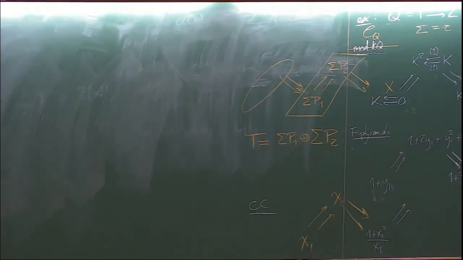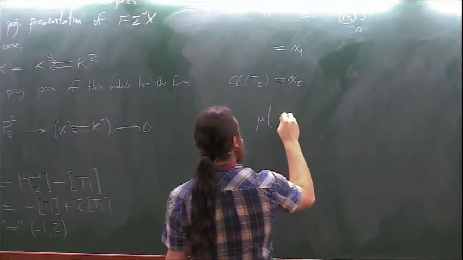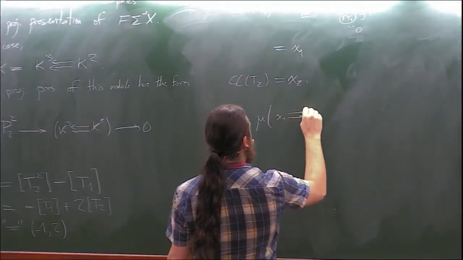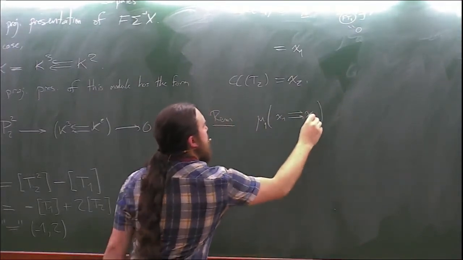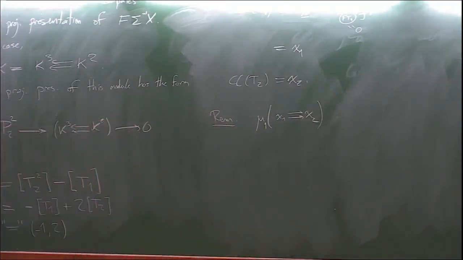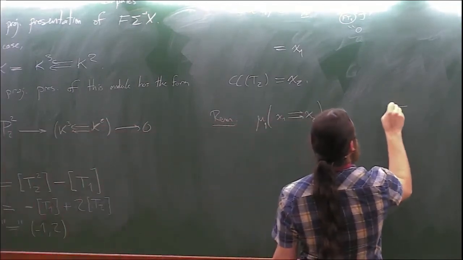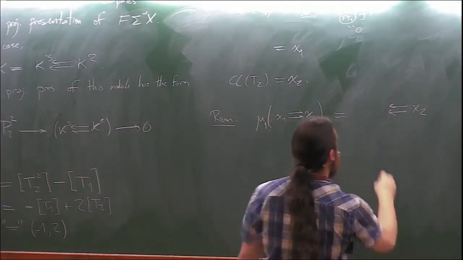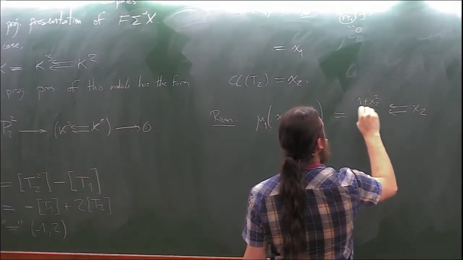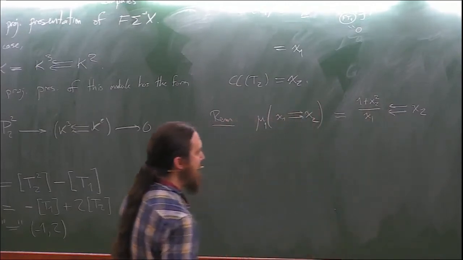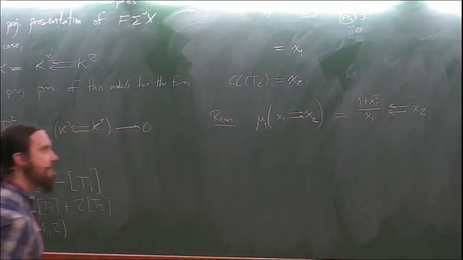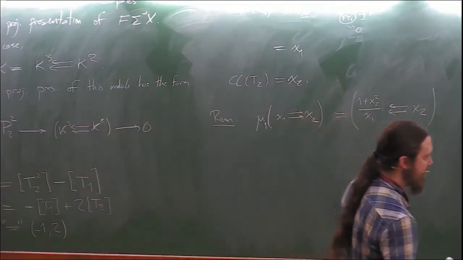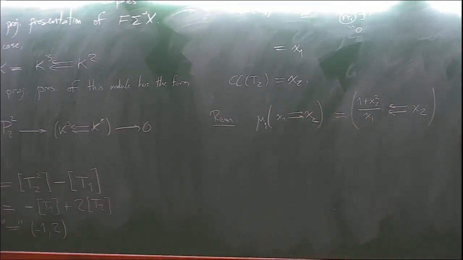Remark: if you mutate the initial seed for the Kronecker quiver at 1, you get a seed where, of course, x2 is unchanged, and the other cluster variable is 1 plus x2 squared over x1. So the cluster character of this object gives me the cluster variable.